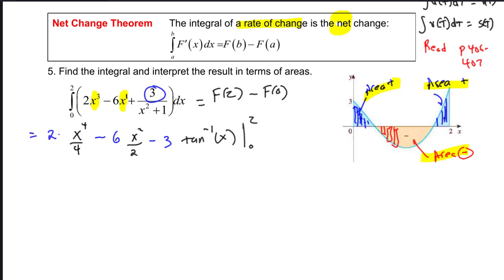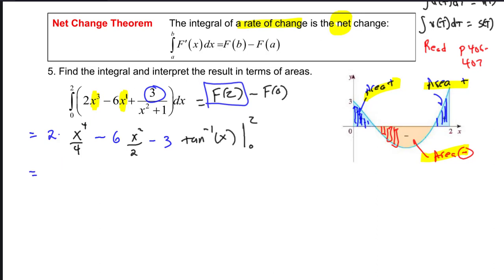And now we're going to integrate from 0 to 2. So I have to find f of 2. So that's going to give me, I've got to plug the 2 into all three of these terms. There is a lot of simplification, though, that I should do. I think first, because the 2 and the 4 cancel, I get x to the 4th over 2.